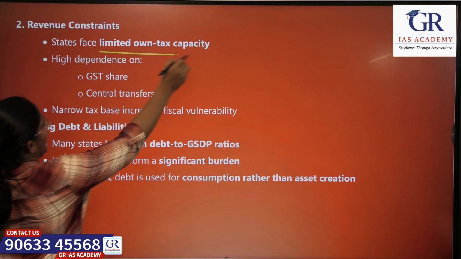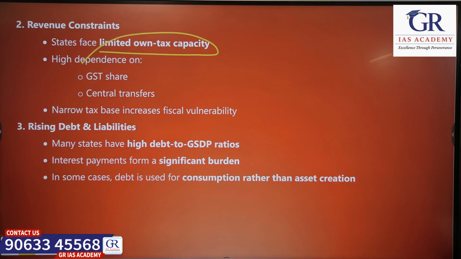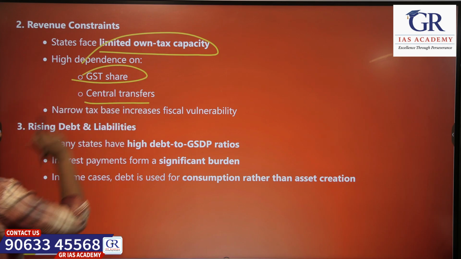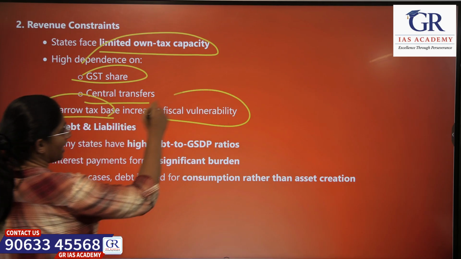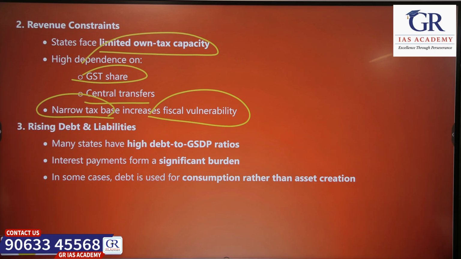States have very little own tax revenue. They depend mostly on GST and central transfers. And because of the narrow tax revenue received by the state directly, they are financially vulnerable.